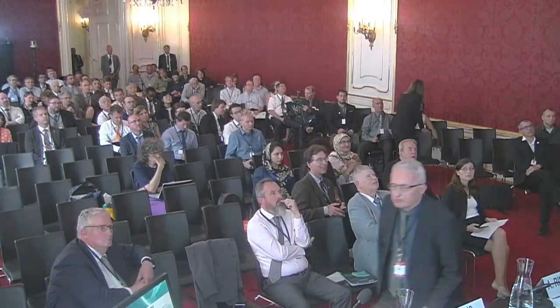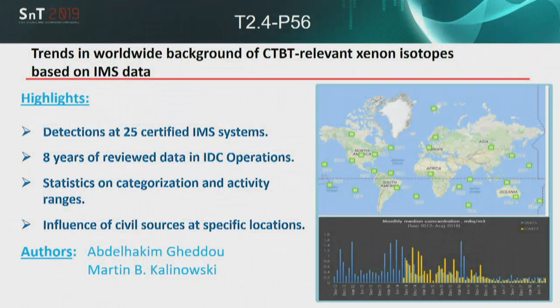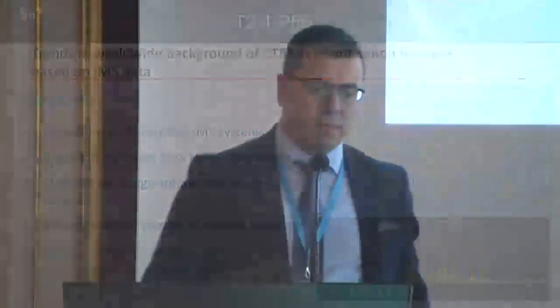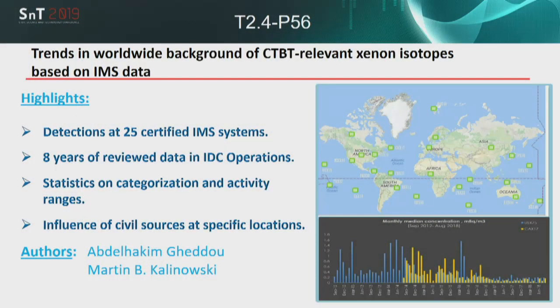So this is now about the 8 years of reviewed noble gas data from the 25 certified IMS stations. And it provides an overall picture in terms of detections, categorization, distribution at different sites, but also in terms of range of detected activity concentrations.